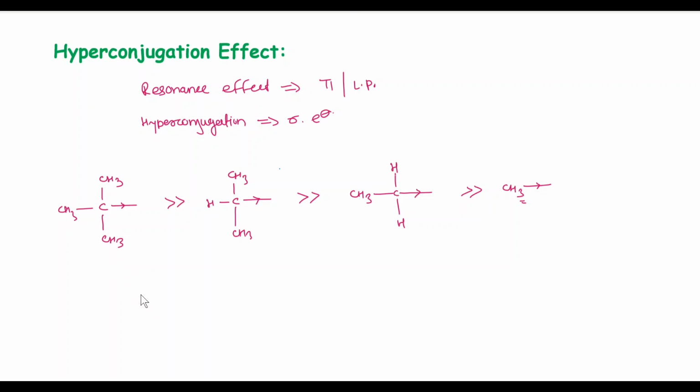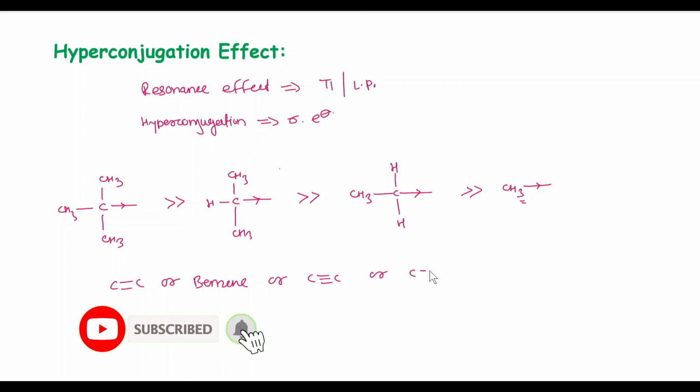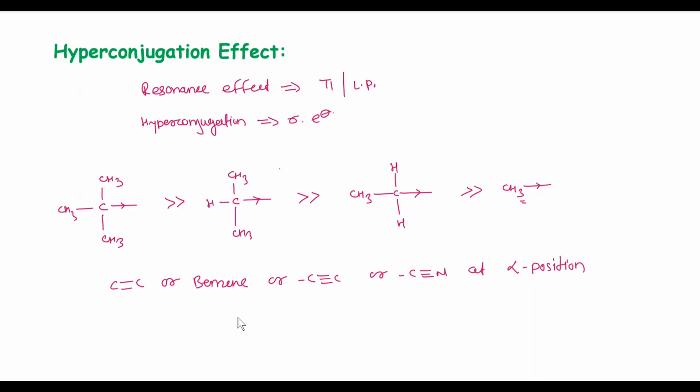But when we think about hyperconjugation, the order of electron donating groups is somewhat different. When this group is attached to an unsaturated system, that is a carbon-carbon double bond system or benzene system, or carbon-carbon triple bond system or carbon-nitrogen triple bond system at the alpha position, the order of electron donation is different.